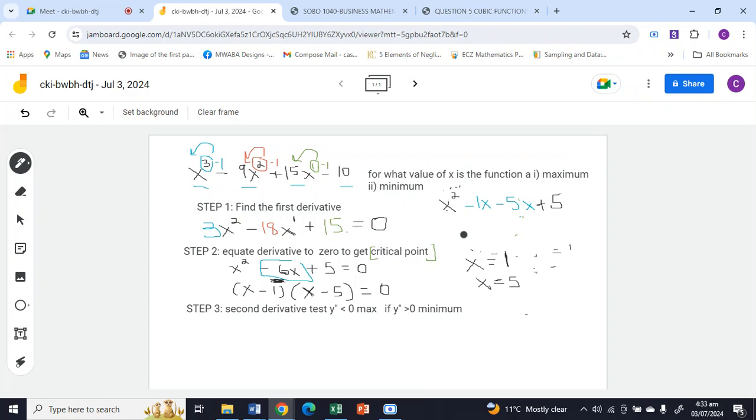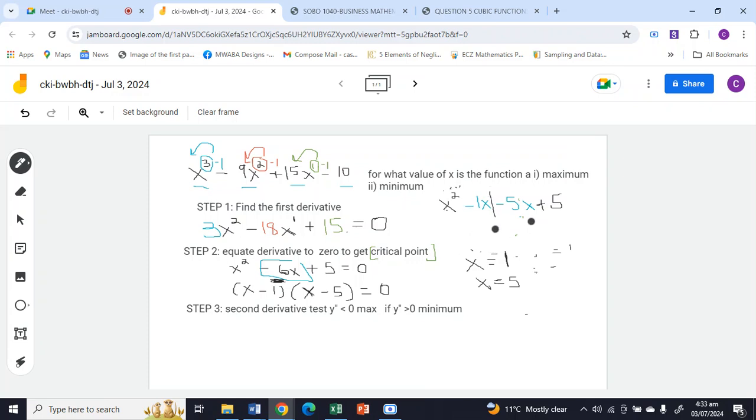All right, colleagues, have you seen what has happened here? This -6x has become -1x minus 5x, because remember the factors we found are -1 and -5. Then you can factorize by grouping.